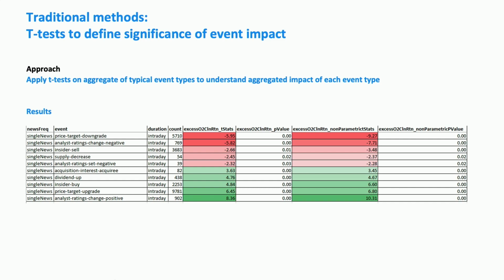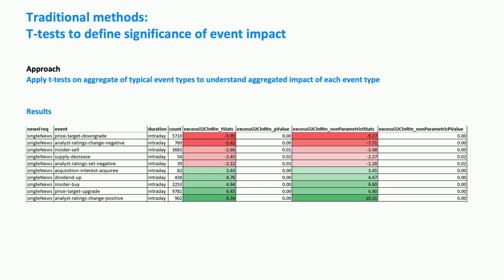And from a high-level look, the results actually make sense. The results match with intuition. The bad events, the events we expect to have a negative impact, such as downgrades and insider sellers, do have strong negative t-stats. And the good events, which are upgrades and insider buyers, do show up as strong positive significant t-stats.